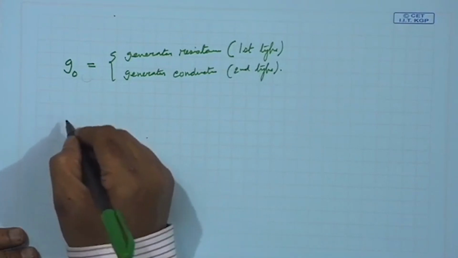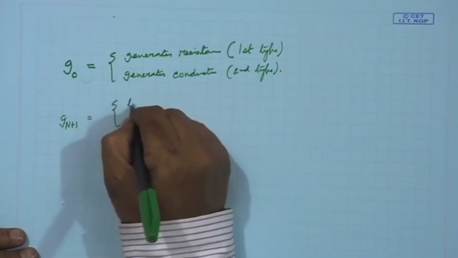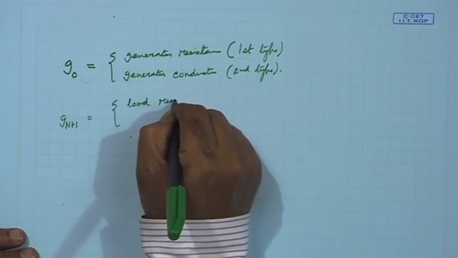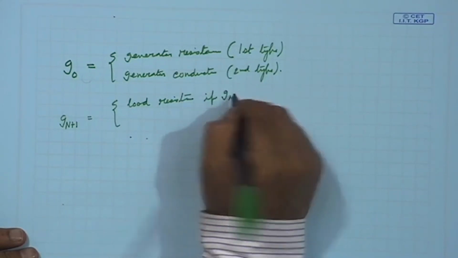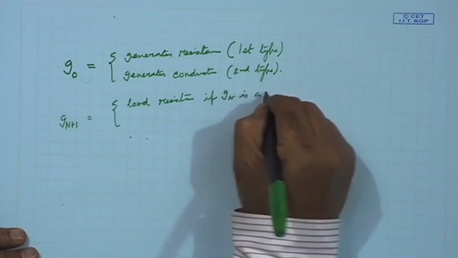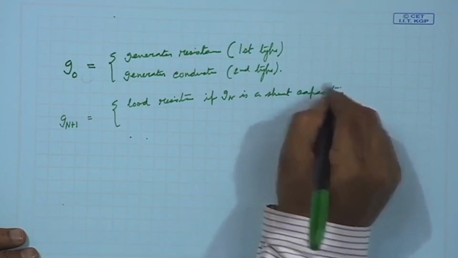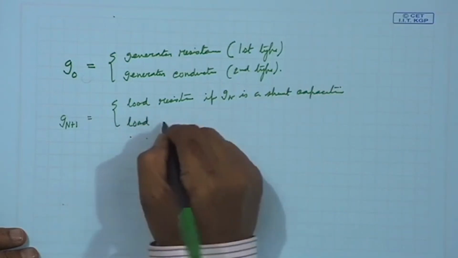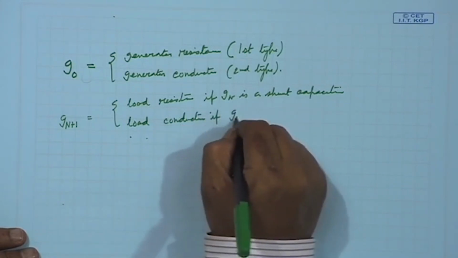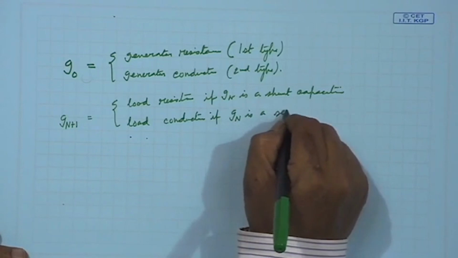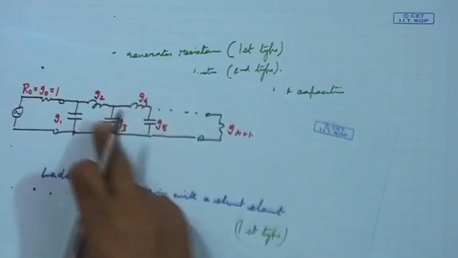Then what is G n plus 1? In the first type, it is load resistance if Gn is a shunt capacitance, and load conductance if Gn is a series inductance. Please understand that here it is a ladder network.